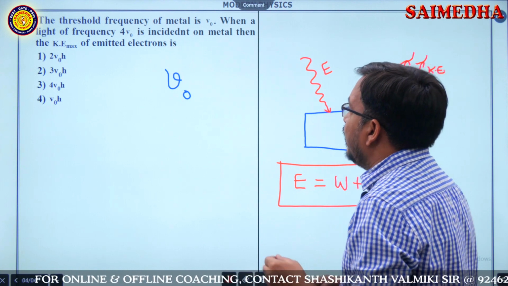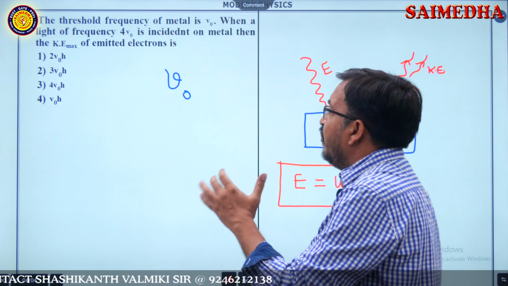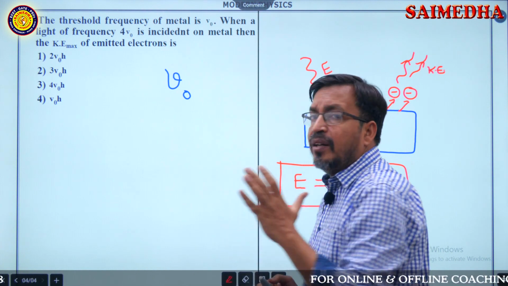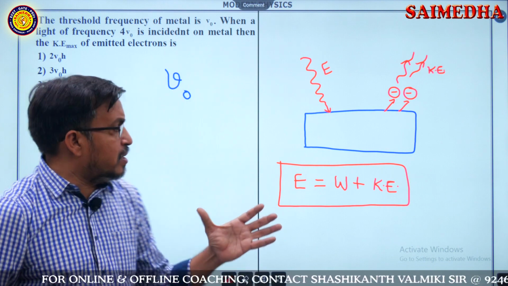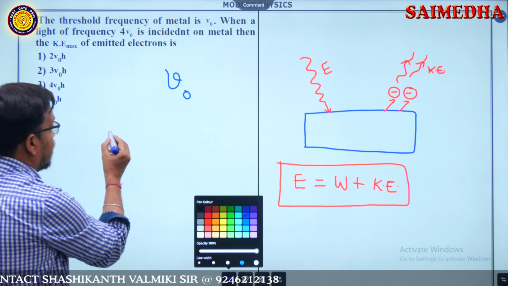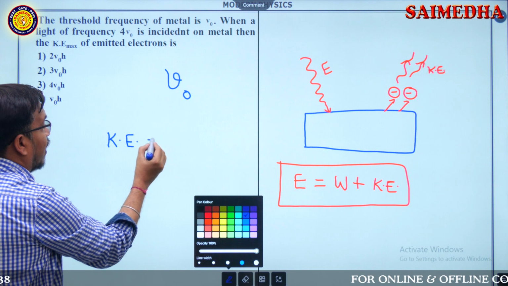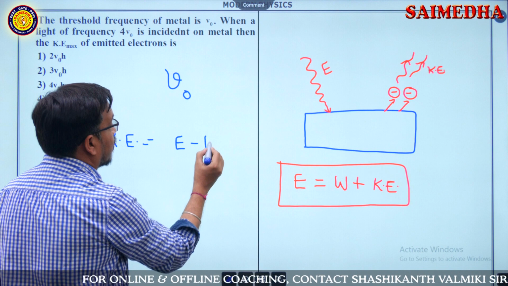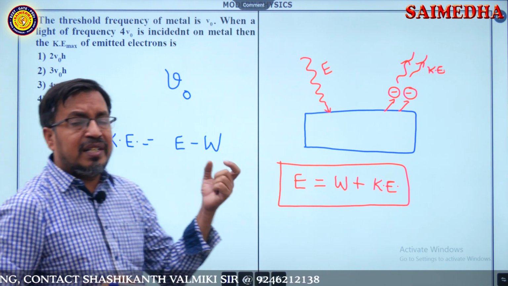Now, we are solving the question. The threshold frequency of the metal is mu naught. When a light of frequency 4 mu naught is incident on the metal, what is the kinetic energy? So, from the Einstein equation, I am writing kinetic energy KE equals E minus W. What is E? Energy of incident light.